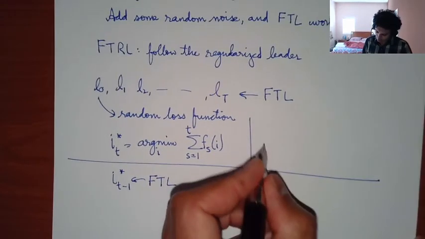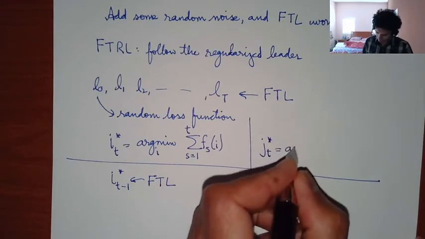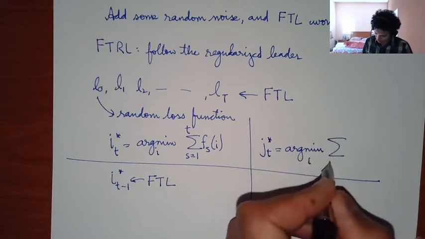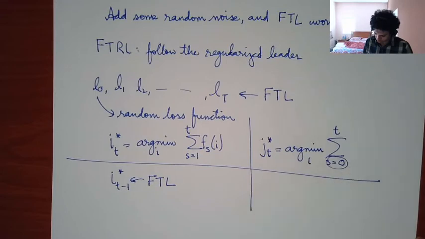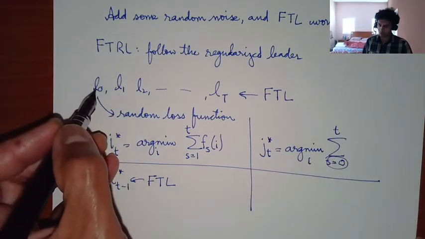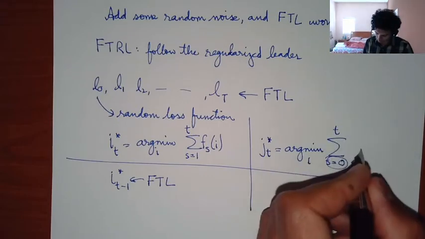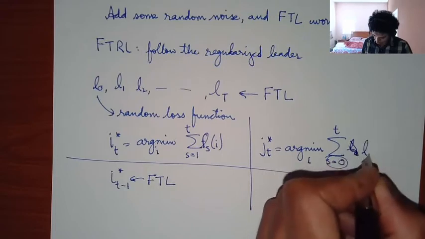Now I'm going to define something called JT star, which is the argmin over i of the sum of LS of i, with S going from 0 to t. That's the difference. So I'm also incurring the loss from the random loss function.